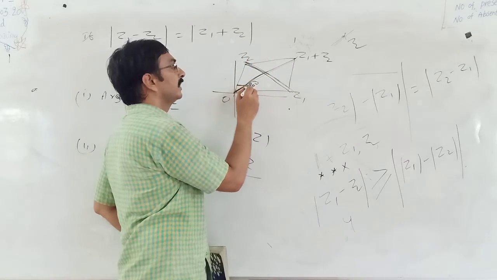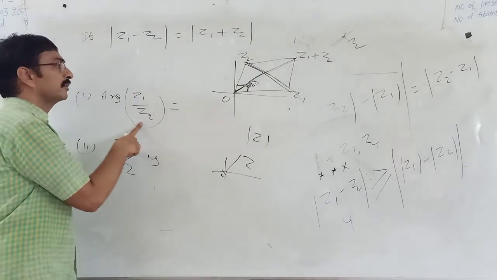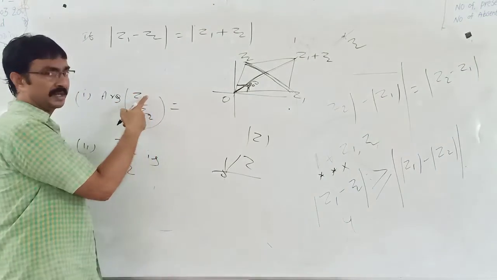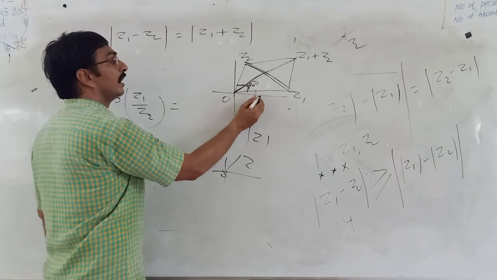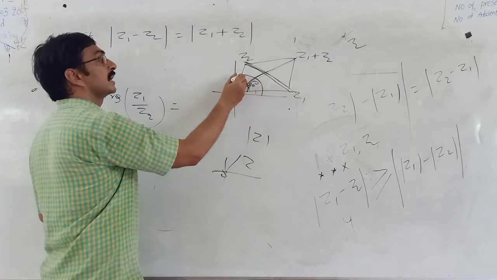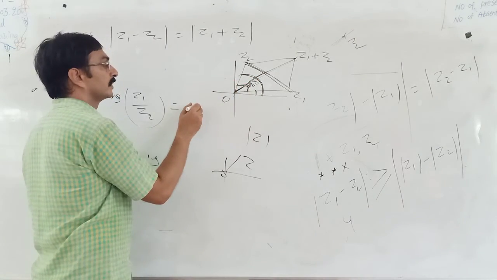Therefore, each angle is 90. So argument of Z1 by Z2 equal to argument of Z1 minus argument of Z2. Argument of Z1 is this angle, argument of Z2 is this angle. So this one minus this one is minus pi by 2.